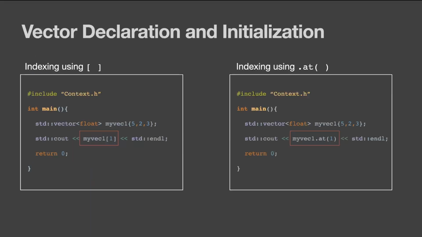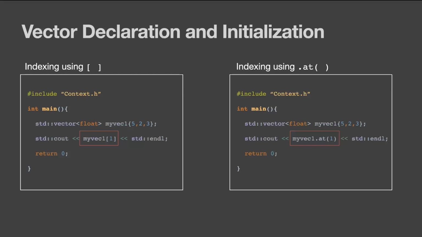And there are 2 different ways to index our vectors. One is using regular, what we would call C-style array indexing, and the second is using this .at member operator. And the main difference between the two is that when we use our square brackets, it's not going to do any checks for the validity of that index.